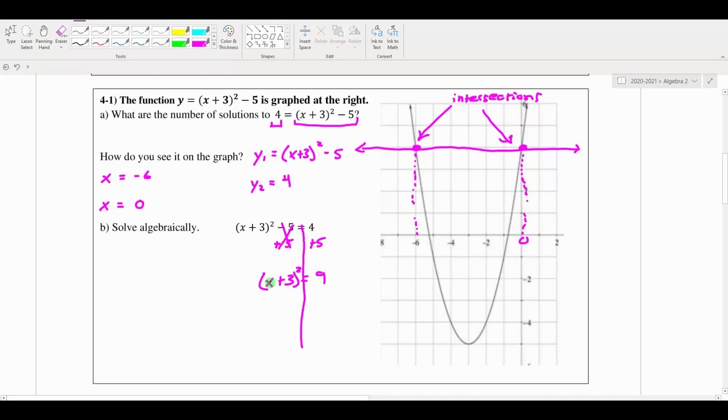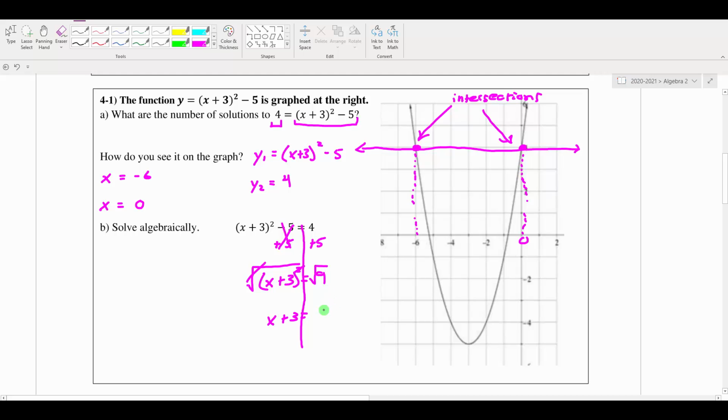Now our x is trapped inside a parentheses with a square on it. To get it out, we have to undo a square, and the opposite of squaring is square rooting. So I'm going to square root this to get rid of the square, and whatever I do on one side, I have to do on the other. That way the square root and the square cancel each other out, and we get x plus 3.